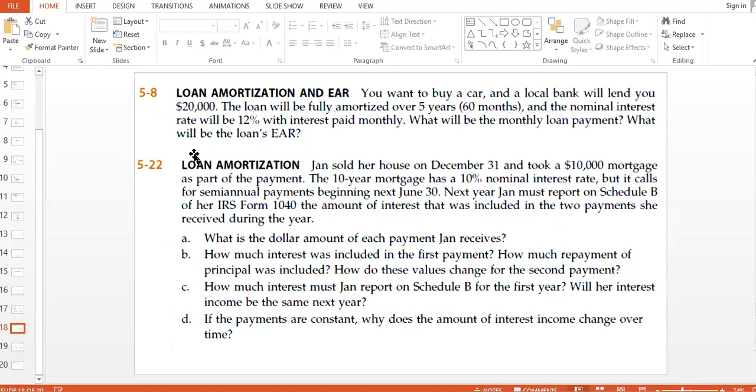So here we go, we have problems. We have two problems in your course pack related to loan amortization schedule, 5-8 and 5-22. So we are going to make a loan amortization schedule for 5-8.